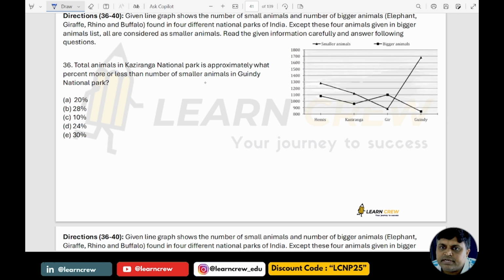If you observe here, total animals in Kaziranga is how much? It is 1120 plus 960, which is 2080. Small animals in Gindi National Park is how much?